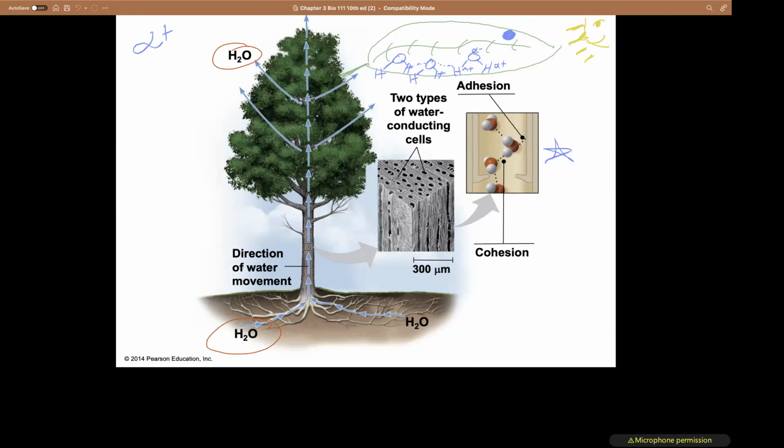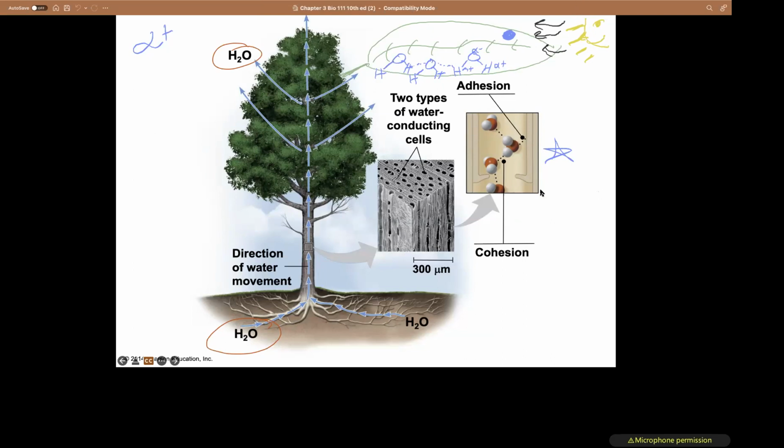I'll do wind in black. The wind is going to blow, and so the water is going to come from the inside of the leaf to the outside of the leaf. And that process is called transpiration.